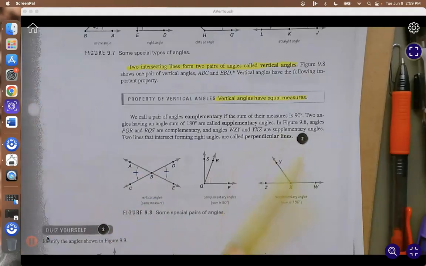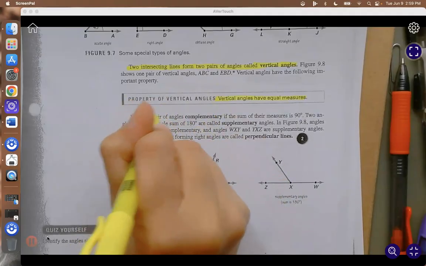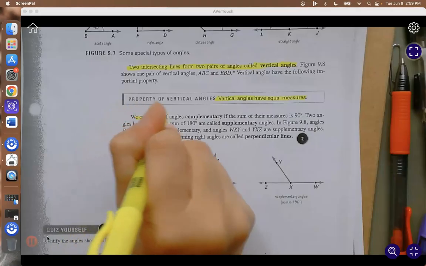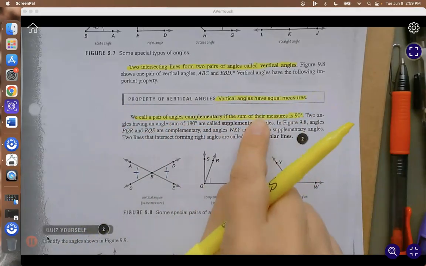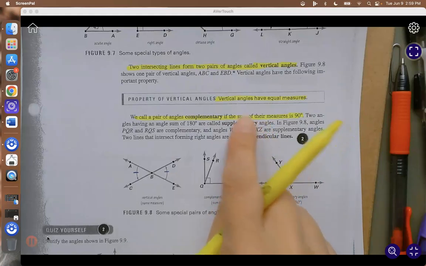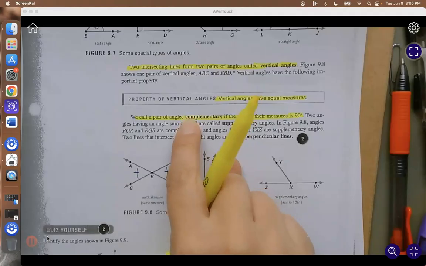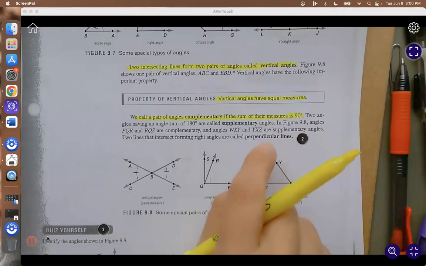Okay? We call a pair of angles complementary if their sum adds up to be 90. And the way I remember that, because some people say, oh, I confuse complementary and supplementary. Well, complementary makes a corner, C for corner, C for complementary, and that's 90 degrees.